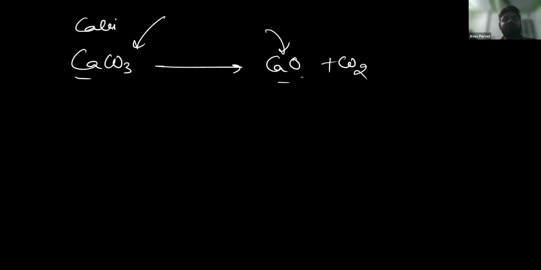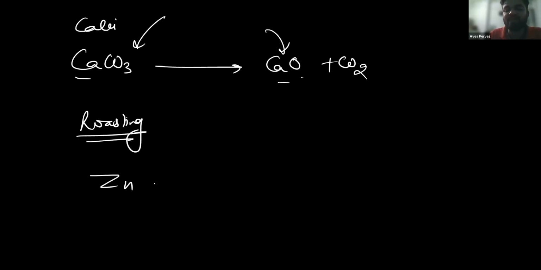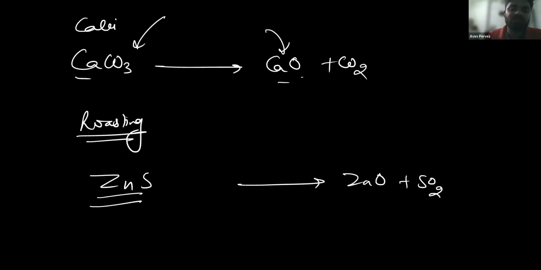For example, I have ZnS and I need to convert it into ZnO plus SO2. Can you convert this ZnS into ZnO without supplying external oxygen? No, because there is no oxygen present here, so we need to give external oxygen from outside to bring the metal into zinc oxide form.